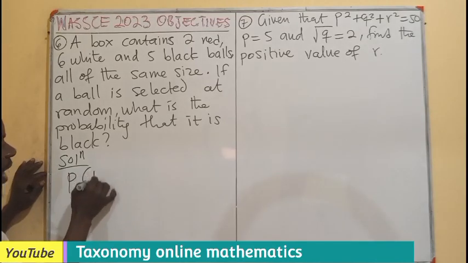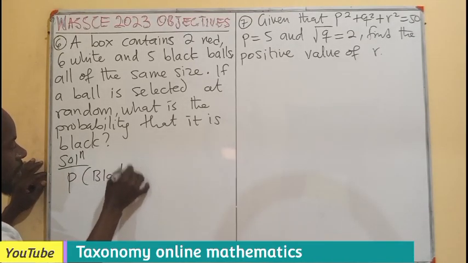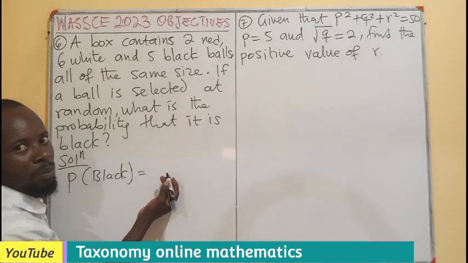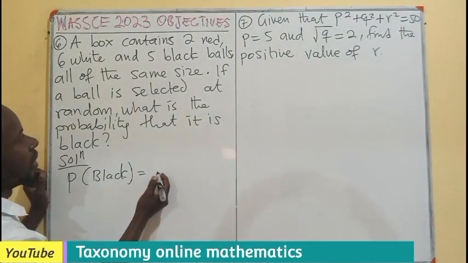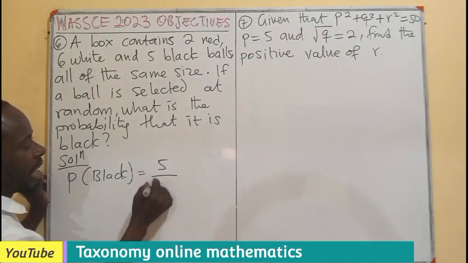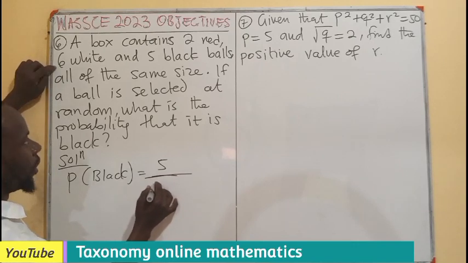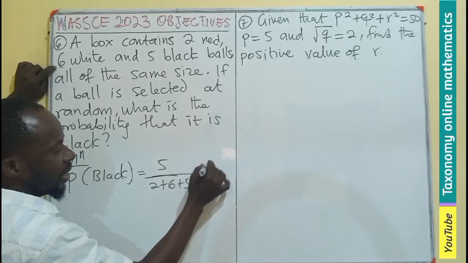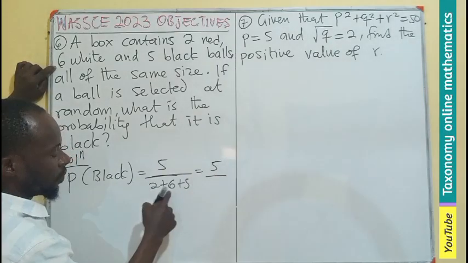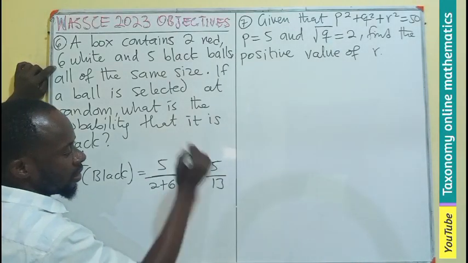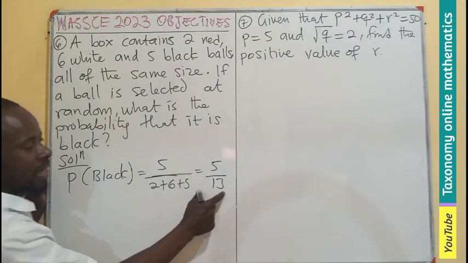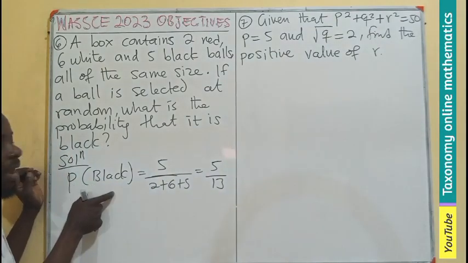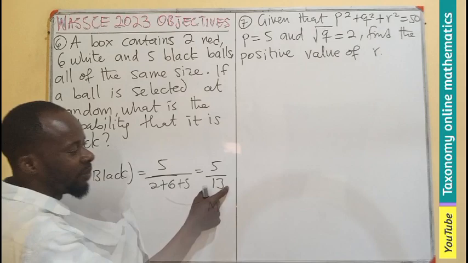So the probability of black is going to be the number of black balls in this box, which is 5, over the total number of balls, which will be 2 plus 6 plus 5. In this case, I have 5 out of 13. So the probability of selecting a black ball out of the box is 5 out of 13.